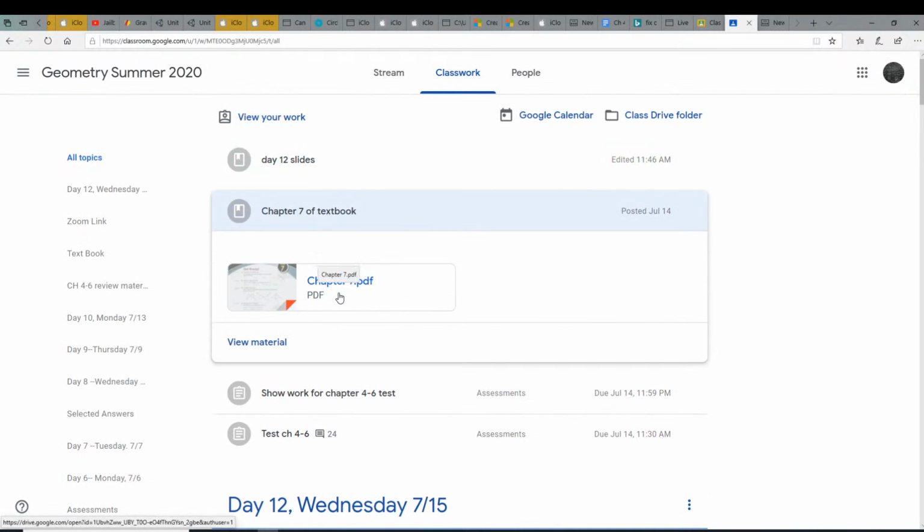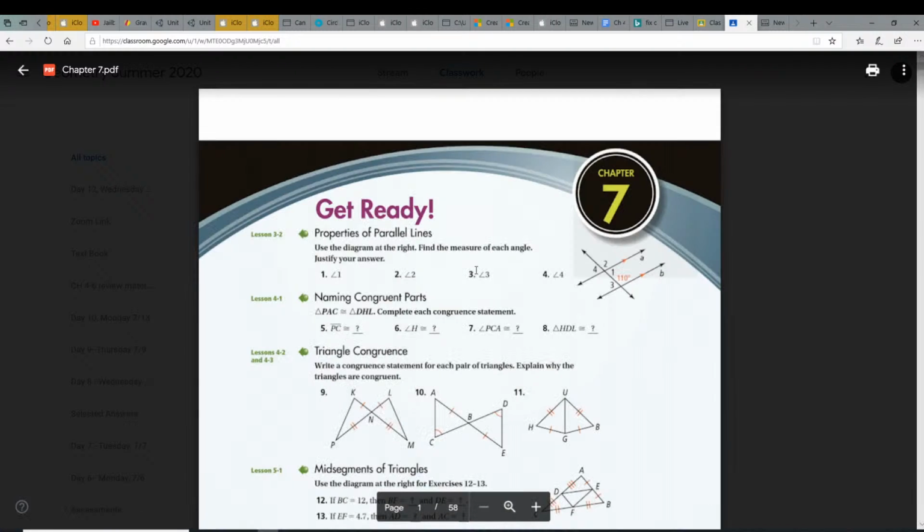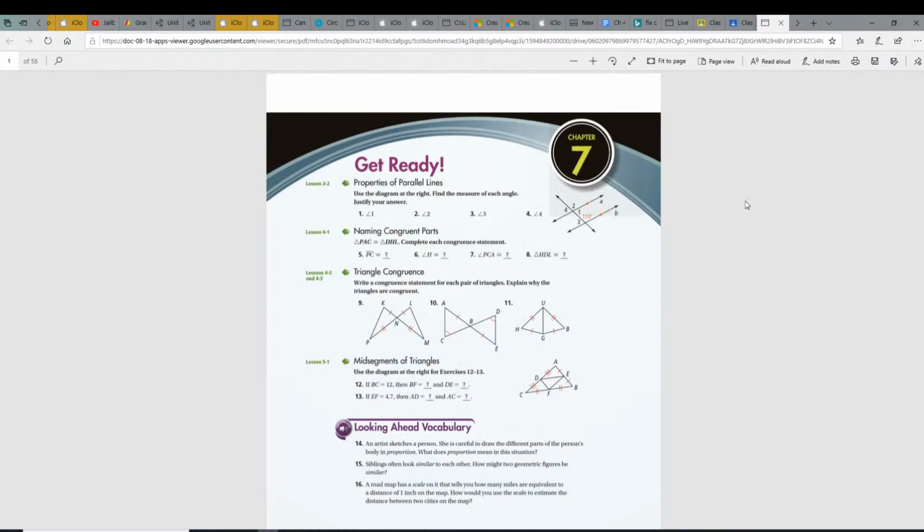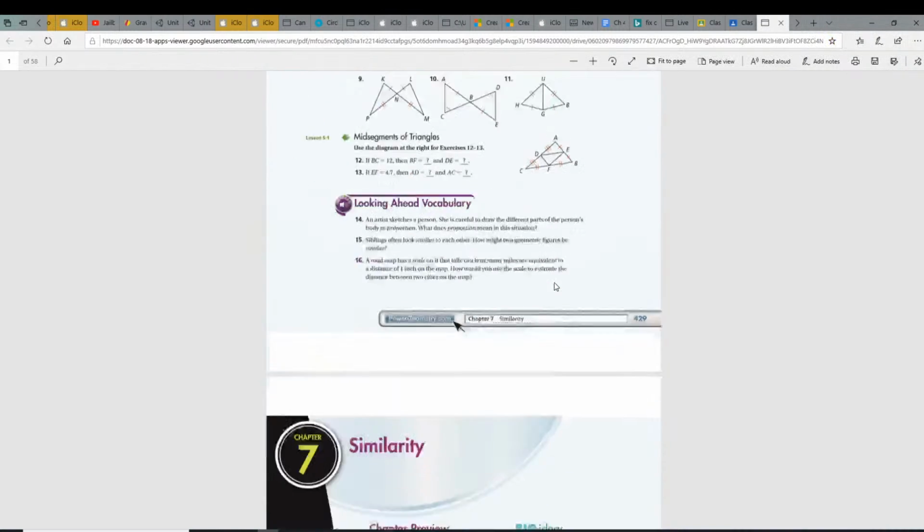I'm trying to print this, so it might be easier, it might not be, who knows. Okay, can we annotate this? Can we? Cannot we? Okay, so back to this one.